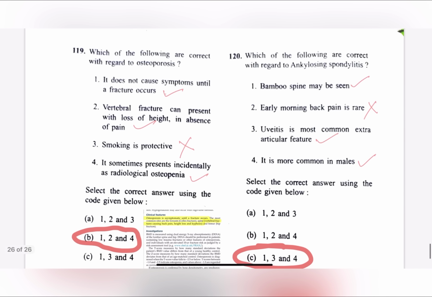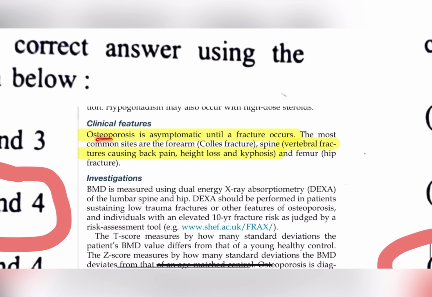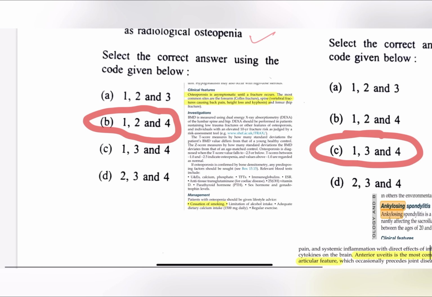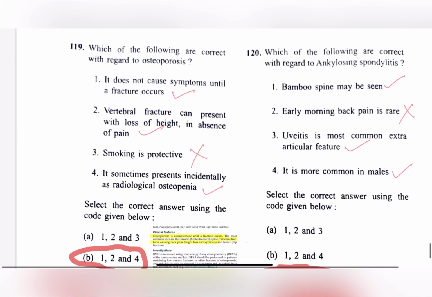Next question is, which of the following are correct with regard to osteoporosis? In osteoporosis, the first statement they are saying is asymptomatic until a fracture occurs. That's true. Vertebral fracture causing back pain, height loss and kyphosis. Cessation of smoking comes under the management. Now they are saying smoking is protective.